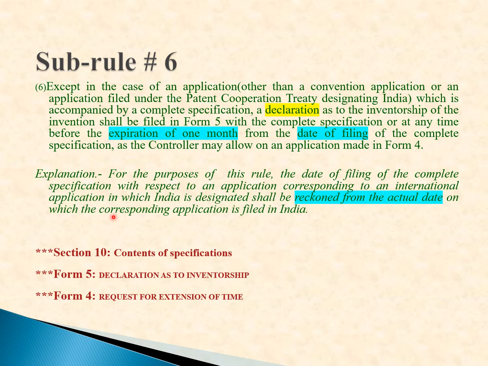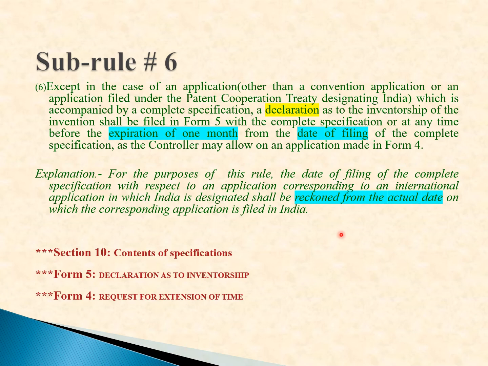And the explanation is, for the purposes of this rule, the date of filing of the complete specification with respect to an application corresponding to an international application in which India is designated shall be reckoned from the actual date on which the corresponding application is filed in India.